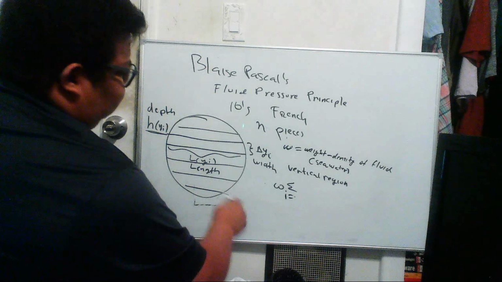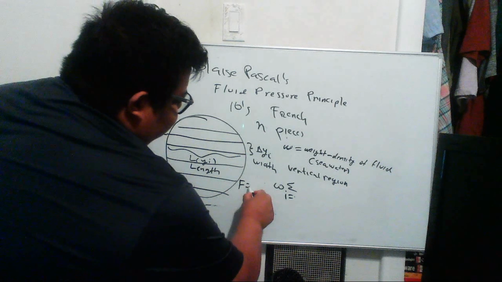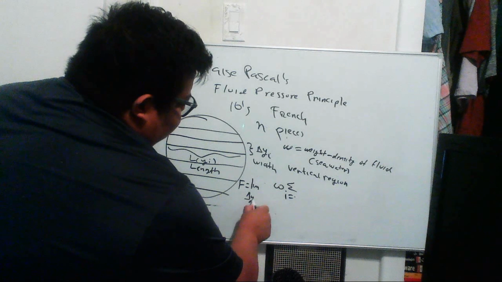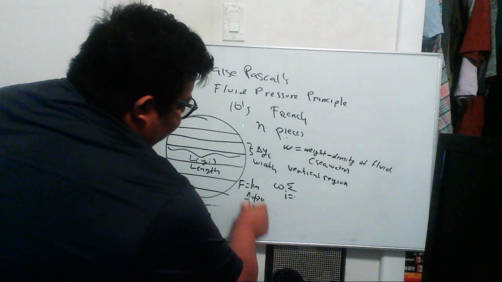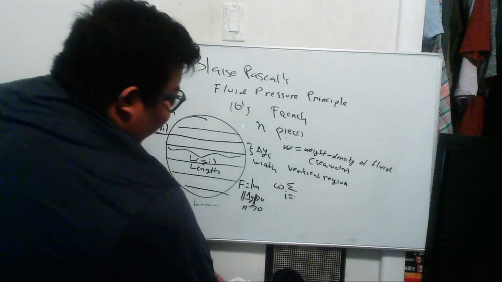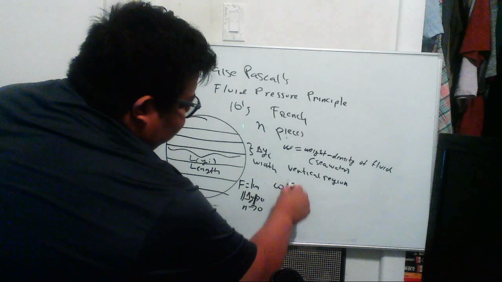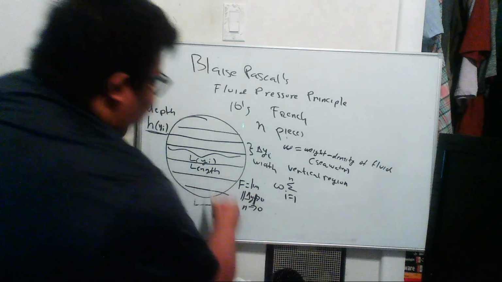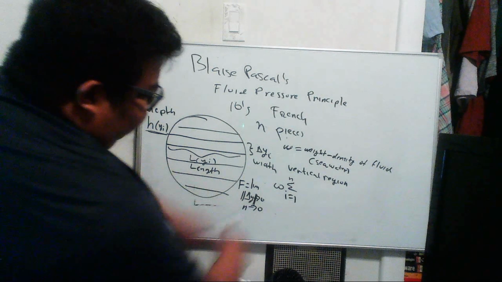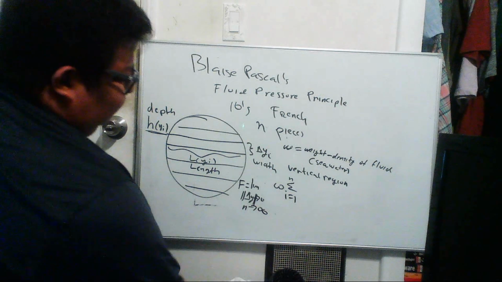Okay, so fluid pressure is gonna be equal to the limit as delta y approaches 0, or as n approaches infinity, of the weight density times the sum from 1 to n. So we divide it into n pieces, but we're gonna let n approach infinity, or delta y approach 0. It means the same thing.